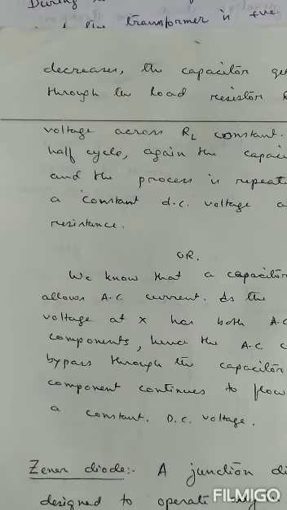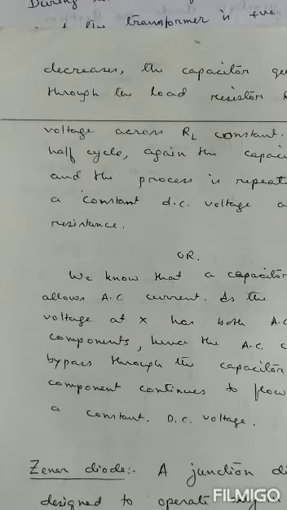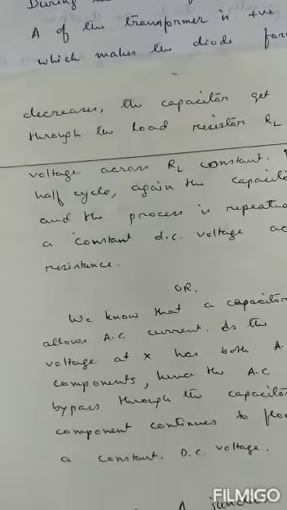In the first quarter of the next half cycle, again the capacitor gets charged and the process is repeated. Thus, we get a constant DC voltage across the load resistance.